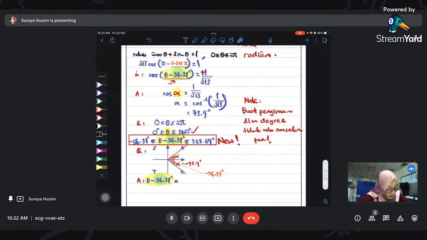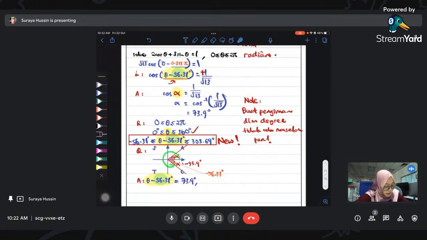Your alpha is 73.9. That is your first answer. The thing is, dia punya maksimum sampai 303.7. So you gotta check again whether dia sampai tak. Oh, macam ni pun boleh. Yelah, sebab ini kan melebihi 180. So, bolehlah saya buat macam ni.